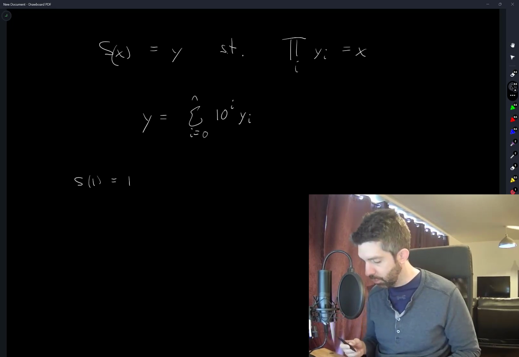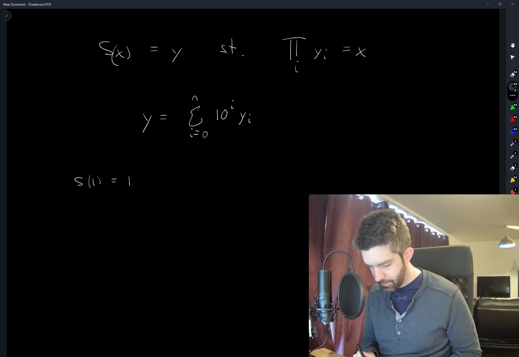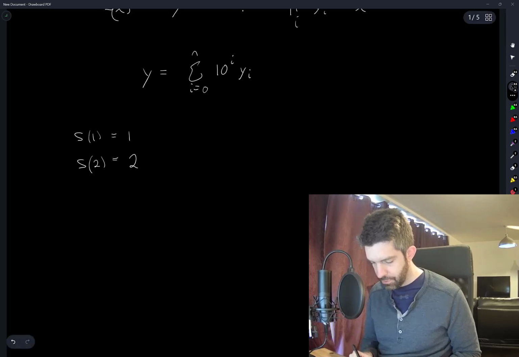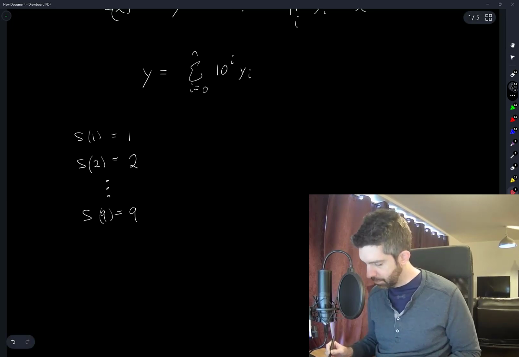This one, s of 1, is certainly equal to 1. S of 2, I suppose, just equals 2, and this is going to be true for all single digit numbers, right? S of 9 will equal 9. The product of just a single digit 9 is equal to 9. There's no smaller number which will do this.